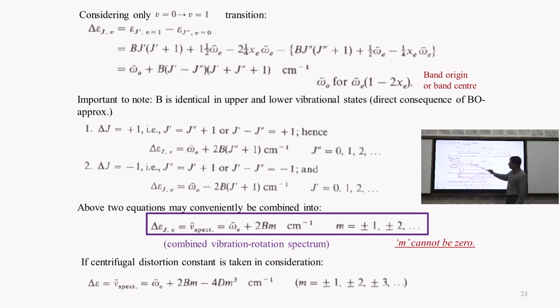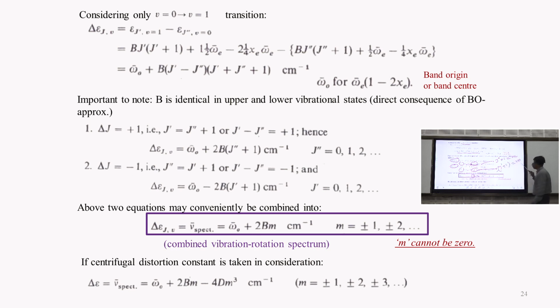These two expressions you can write in a common way, omega 0 plus 2bm. So 2b is there. Here m in the first case is J double prime plus 1, and in the other case m is minus (J prime plus 1).